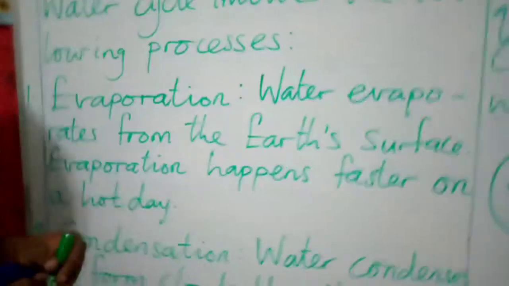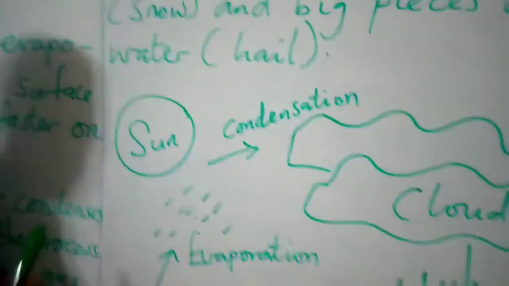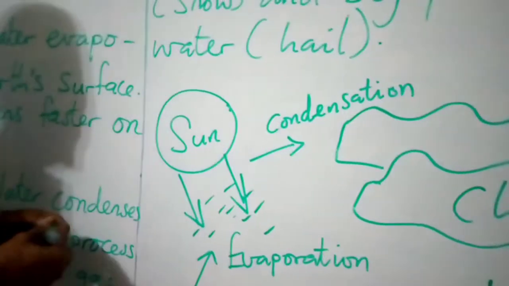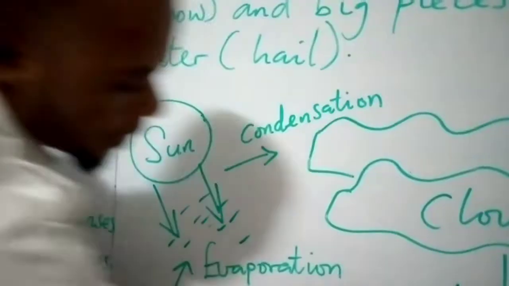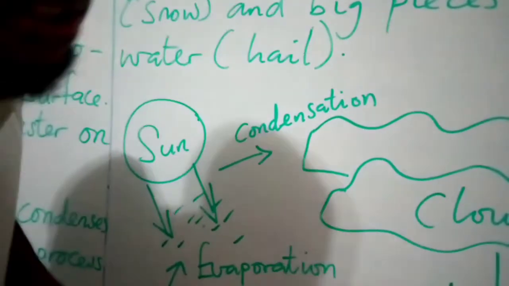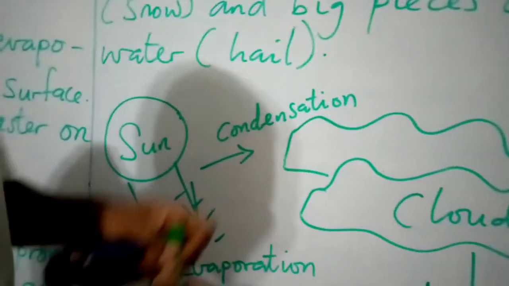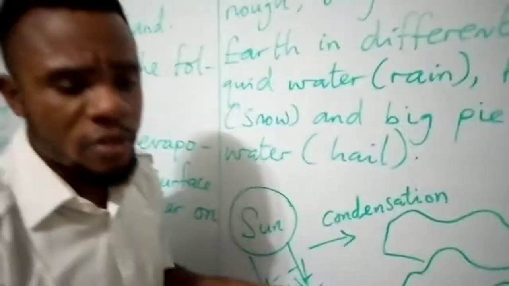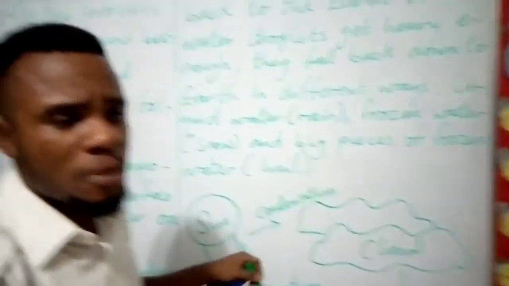Now we'll be looking at the diagram of the water cycle. Now this is the sun. The sunlight hits the surface of the earth. Remember, it's not heating just the solid part, it's heating both the solid and liquid parts of the earth. Remember that water covers the majority of the earth, about 70%.